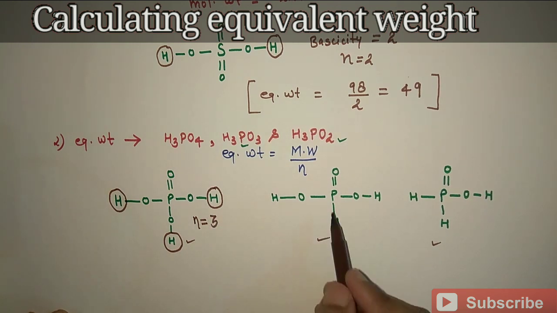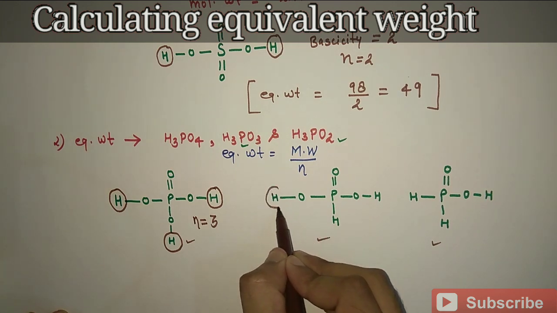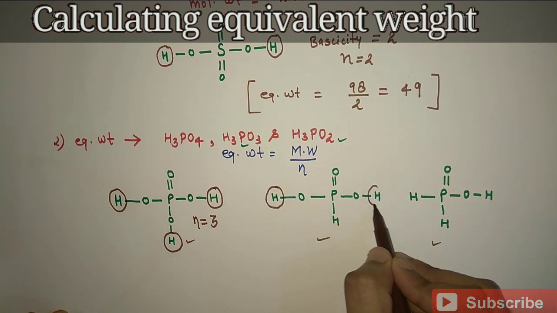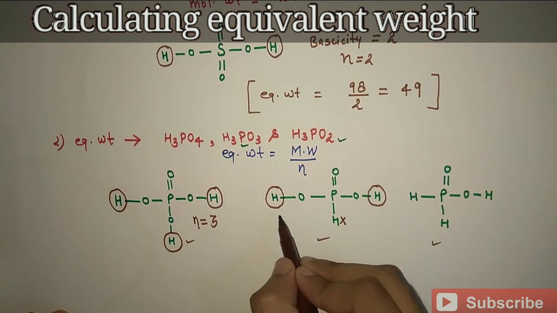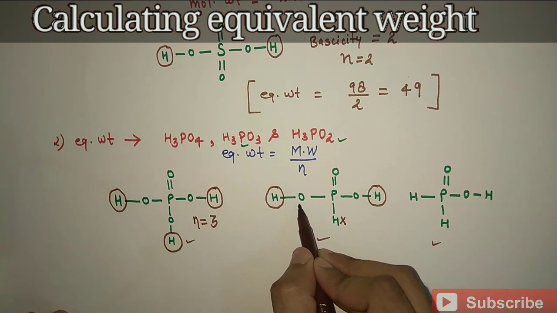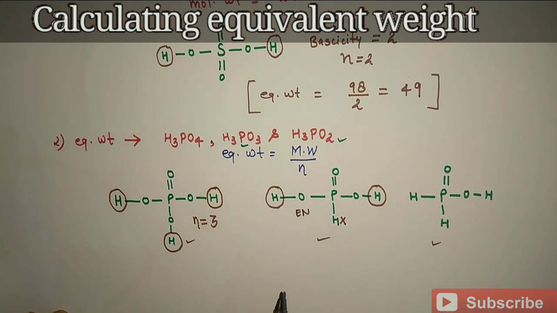Now let's talk about H3PO3. It has only 2 H plus ions which are replaceable. This hydrogen cannot be replaced from the H3PO3 molecule. Only the hydrogens which are attached to the oxygen atom, that is an electronegative atom, can be replaced. So its basicity will become 2.